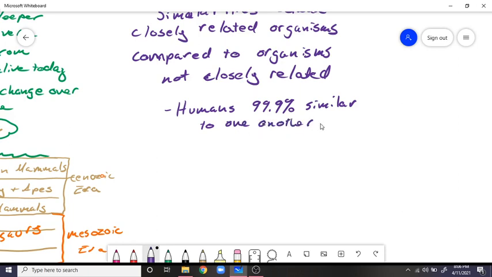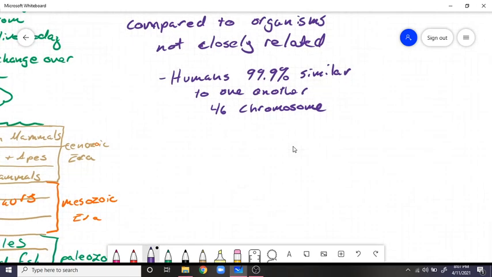If you looked at the sequence of every single person in this room, they are essentially the same. We have 46 chromosomes. And a chromosome is kind of what holds, they're like folded up little balls of DNA.